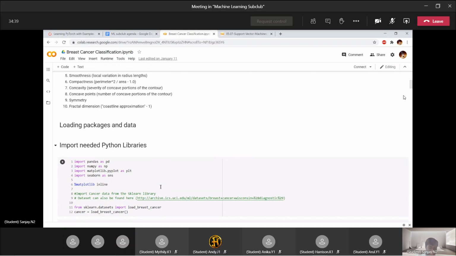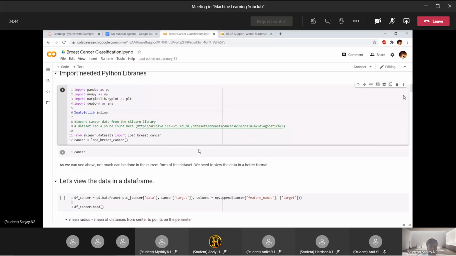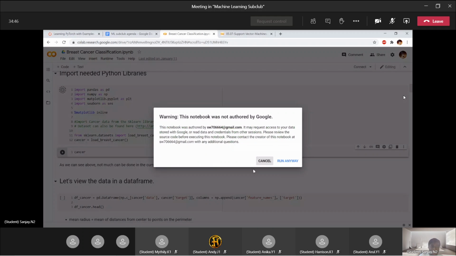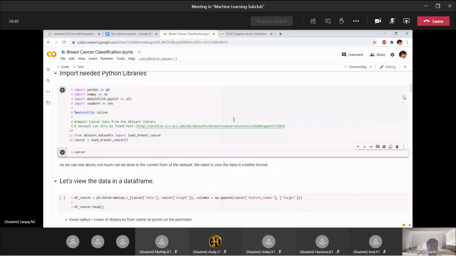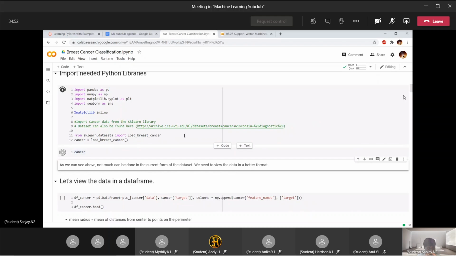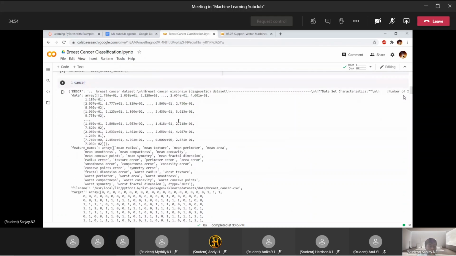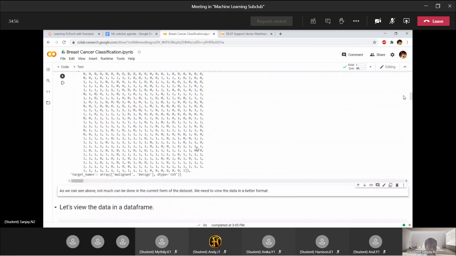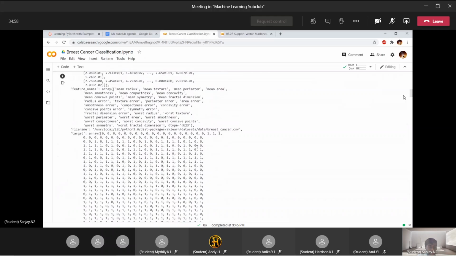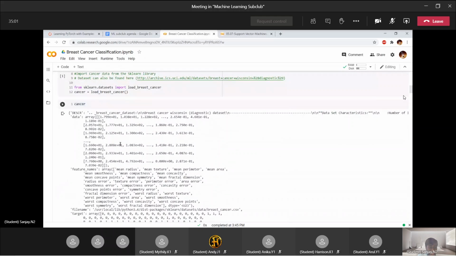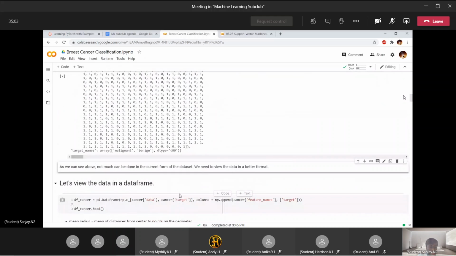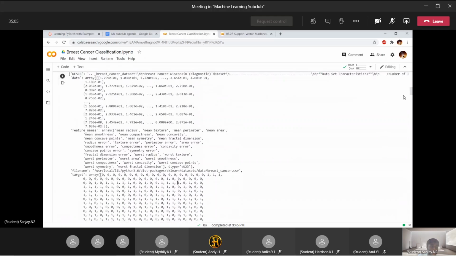So the first thing we do is they take the data from this online data source, and they load it in. So we'll do that too. So here is basically what we loaded. We loaded the entire data set, and now we want to put it into a nice data frame that we can look at, right?